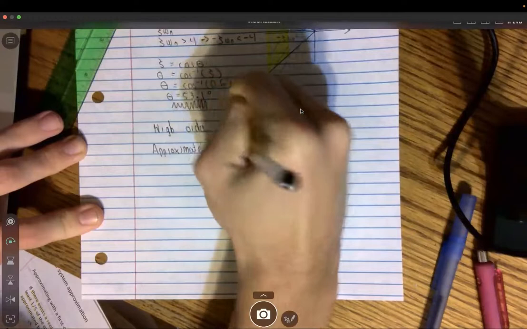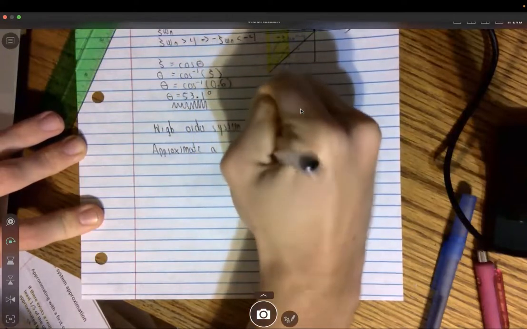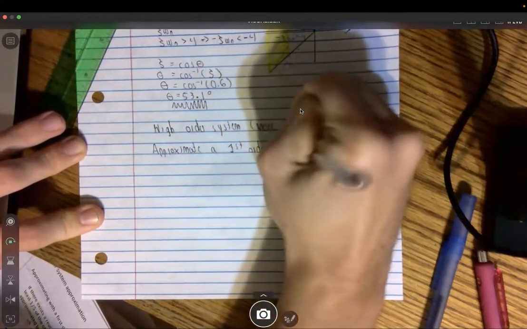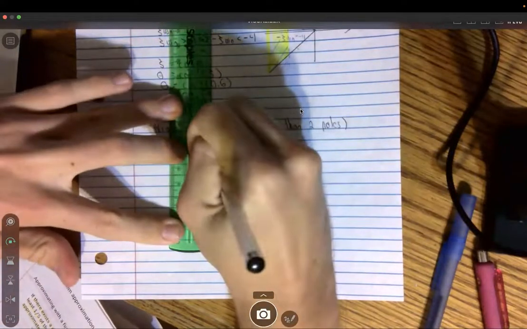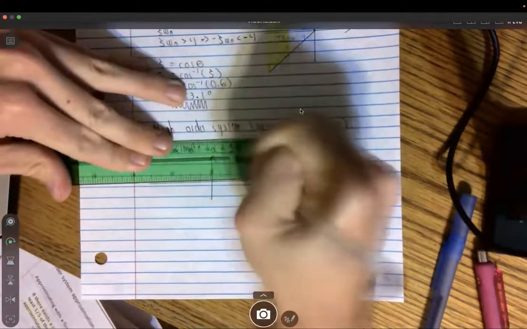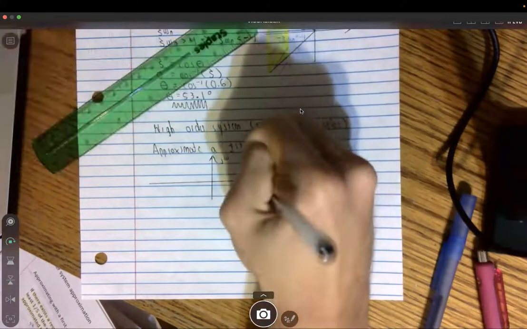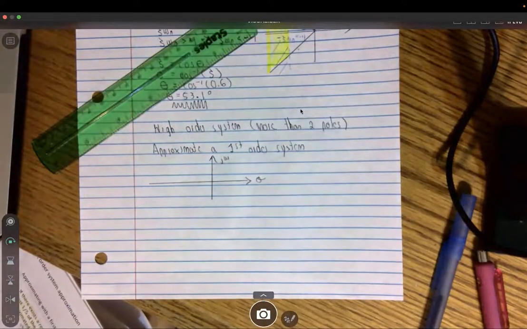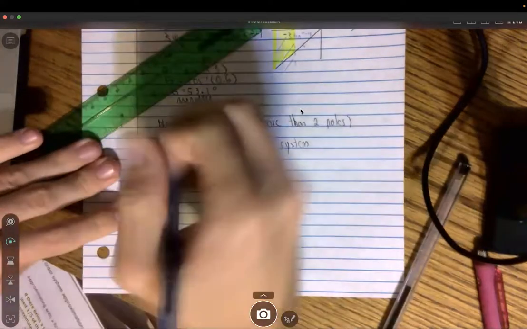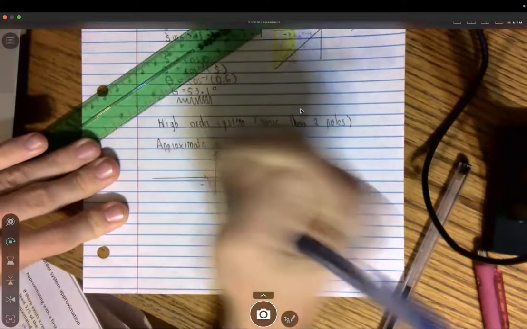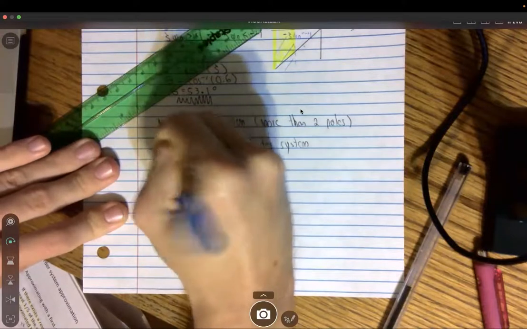When you have to approximate a first order system, it's going to look something like this. And here we go. So remember, this is your imaginary axis, j omega. Here's your sigma. And you have a pole, let's say here at -1. You have another pole at -5.